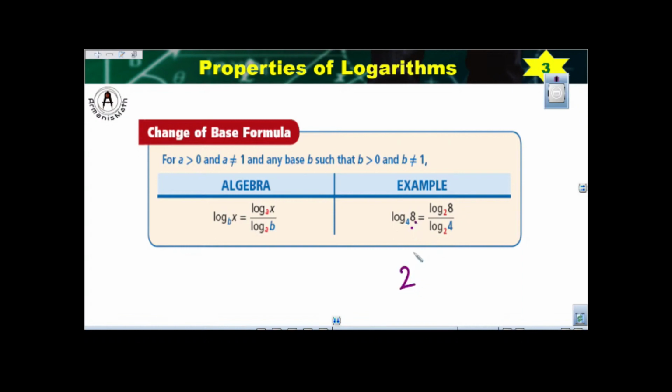Obviously the 2 is, because 2 to the second gives you 4, 2 to the third gives you 8, right? What if I change things to this new base, which is the 2 in this case? If you change the base, the top number goes at the numerator. The bottom, the base, is always at the basement. It's base of the basement.